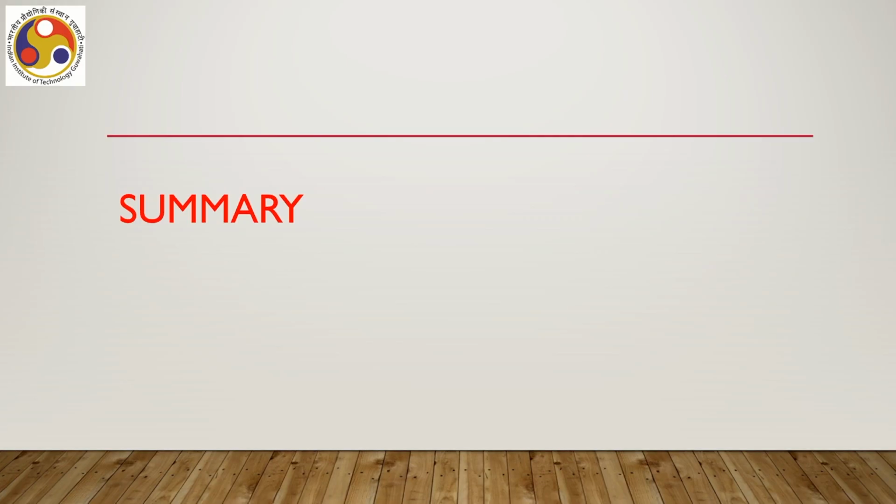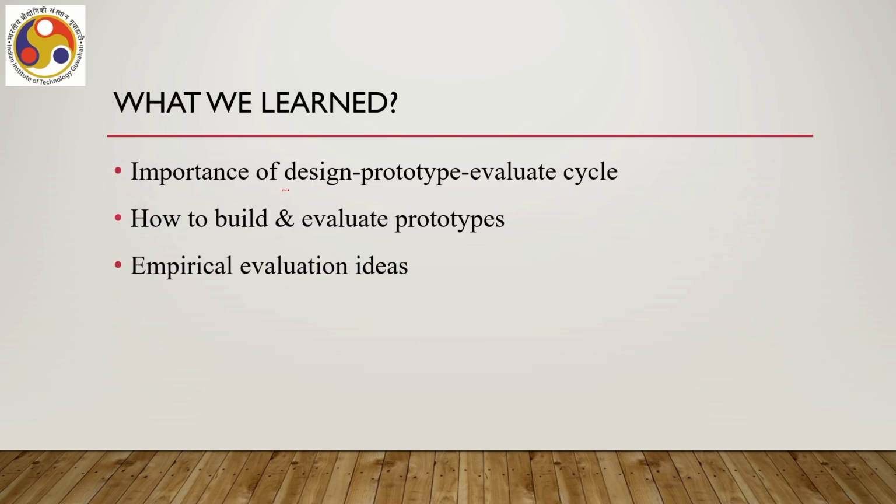With that, we have come to the conclusion of this part of the lecture. In summary, we have talked about the design, prototype, evaluate cycle, then how to build and evaluate prototypes. We also talked about the full-fledged empirical evaluation with a larger number of users and a fully developed system.